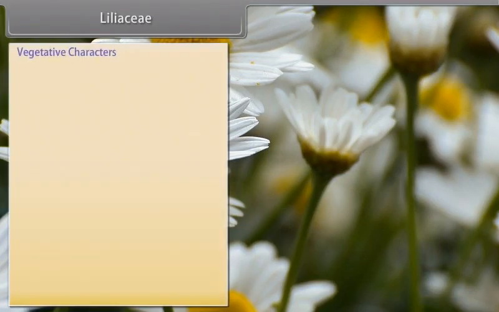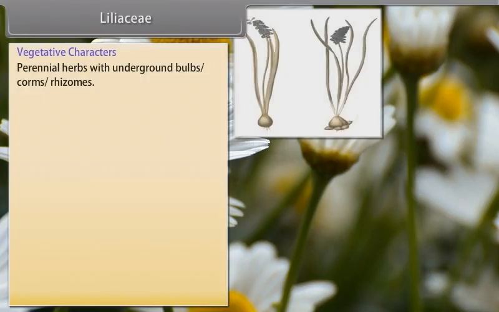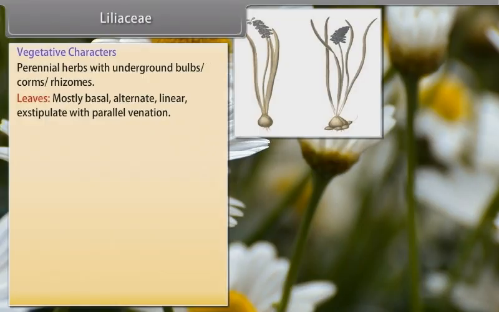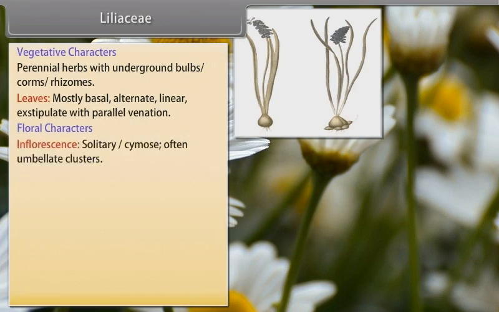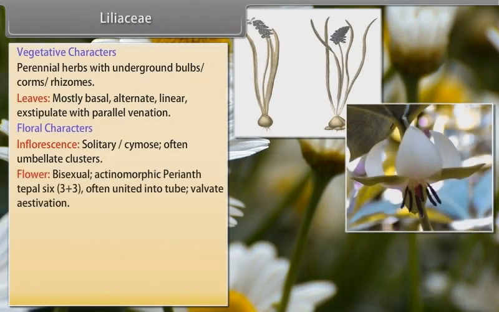Vegetative characters: perennial herbs with underground bulbs, corms, rhizomes, leaves mostly basal, alternate, linear, exstipulate with parallel venation. Floral characters: inflorescence solitary, cymose, often umbellate clusters. Flower bisexual, actinomorphic.